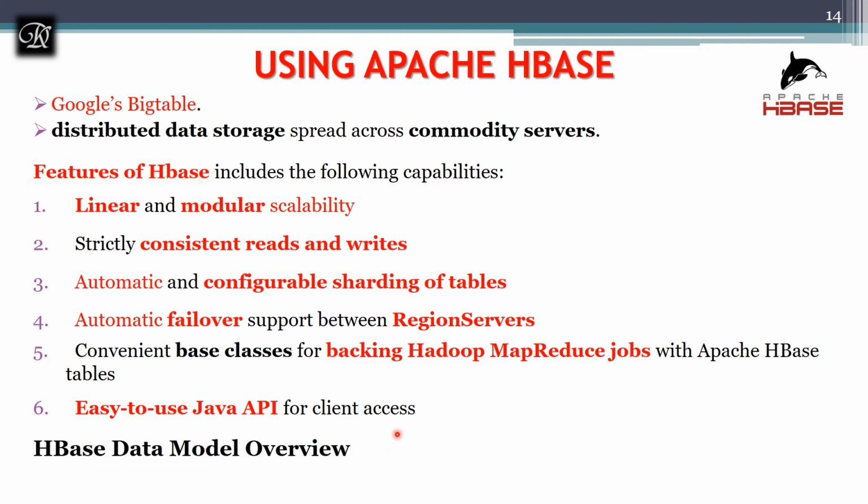And we'll see how the HBase data model looks. Data model means nothing but how it will have table-like structures. A table in HBase is similar to other databases, as rows and columns will be there. Columns in HBase are grouped into column families, all with the same prefix.